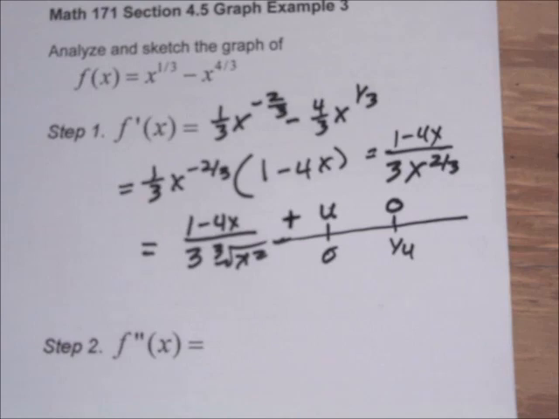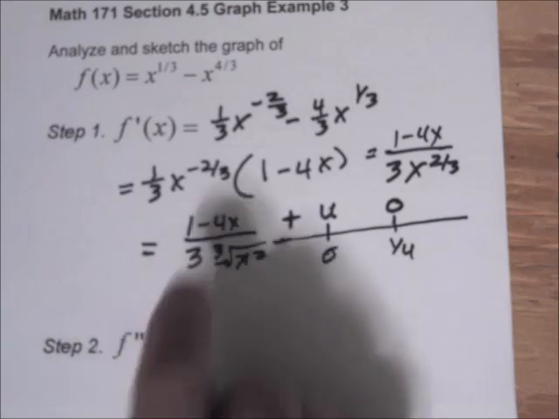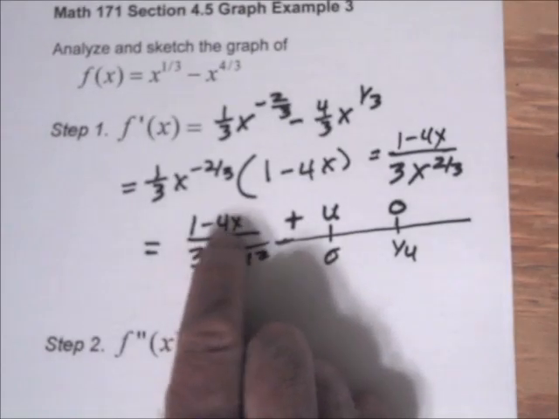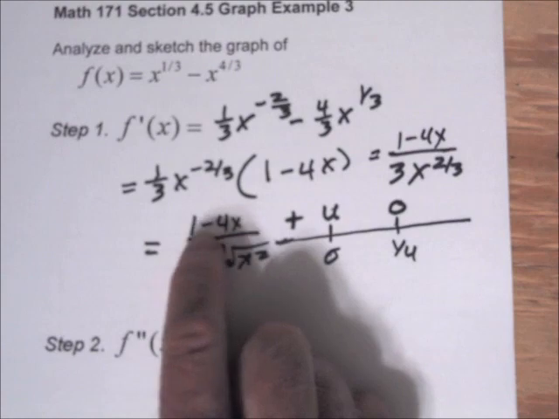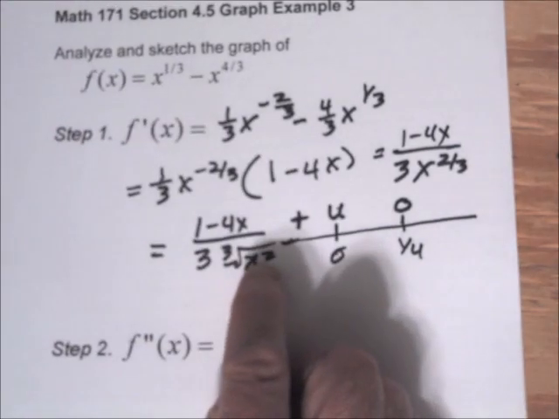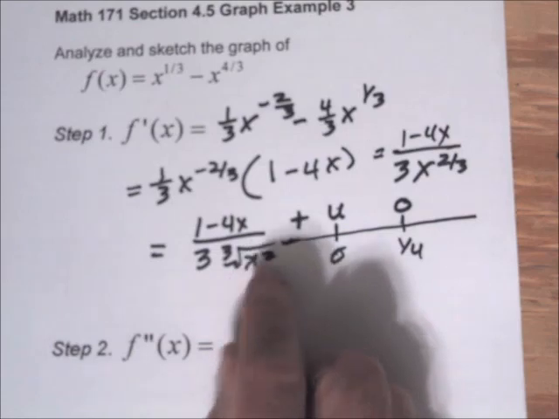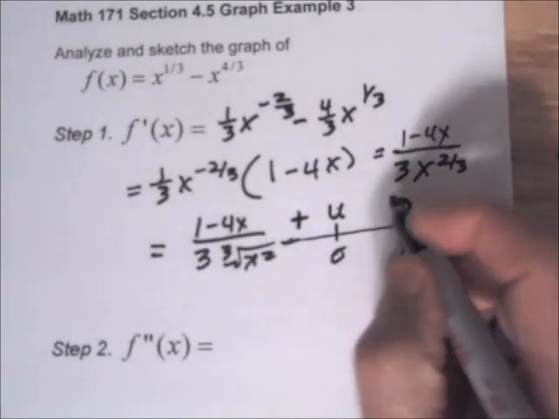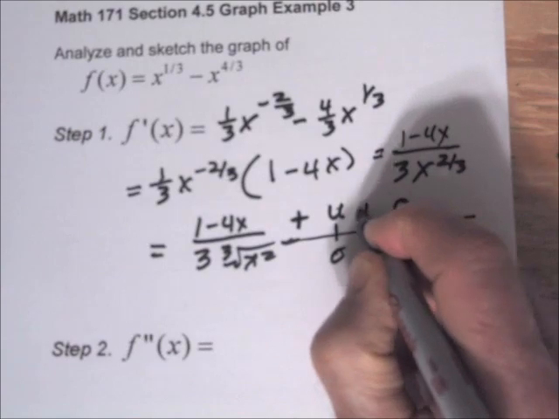If x is, let's say, between 0 and 1/4, for example, 1/8, the numerator is going to be positive. 1 minus 4/8 is 1 minus a half, which is positive. And the denominator will also be positive, because if x is positive and you square it and take the cube root, it's still going to be positive. So this will be positive here.